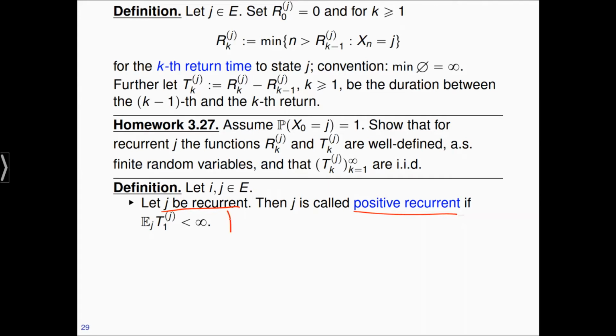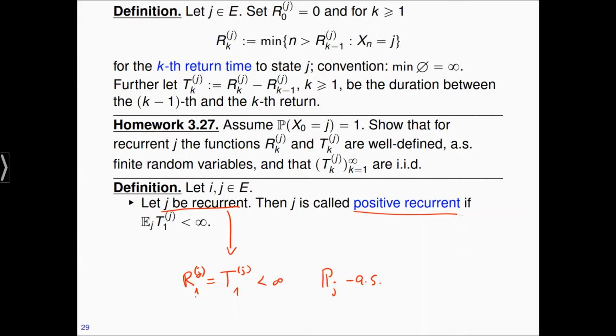Notice that we can reformulate recurrent with the help of the T's or the R's. So recurrent means that T1 is finite, P_J almost surely. T1 is the same as R1 because R0 is 0.